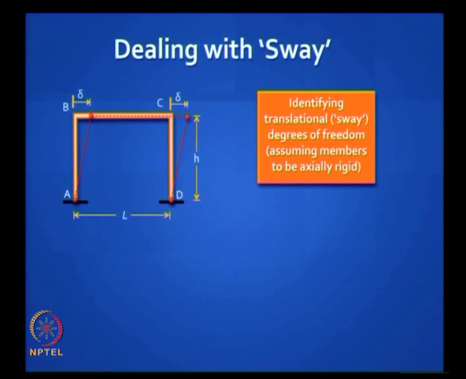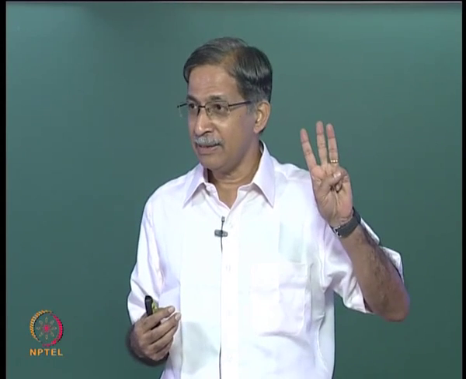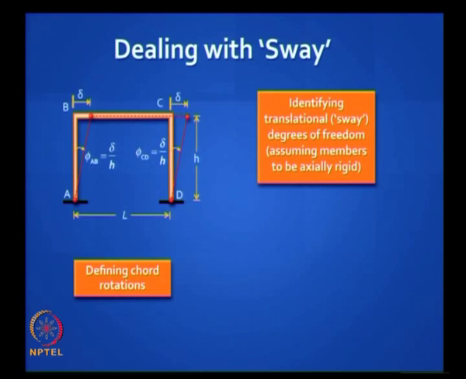So you have 3 constraints because 3 lengths remain unchanged: the length of AB, the length of BC and the length of CD. So that is a clever way of figuring out how many independent sway degrees of freedom you have. 4 potential translation degrees of freedom, 3 constraining equations because of the lengths, 4 minus 3 is equal to 1, got it? And you can choose any one, in this case delta.